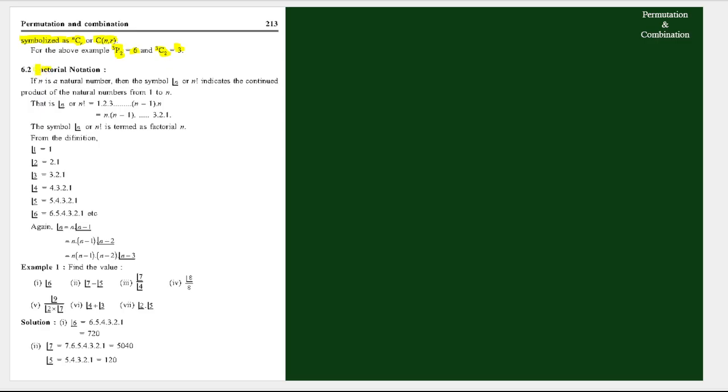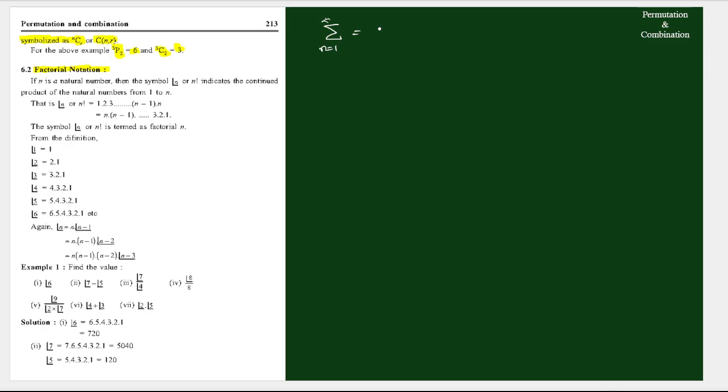So come to our next point, factorial notation. What is factorial notation? In mathematics, earlier we have used sigma, where n equals 1 to infinity, summation of natural numbers.